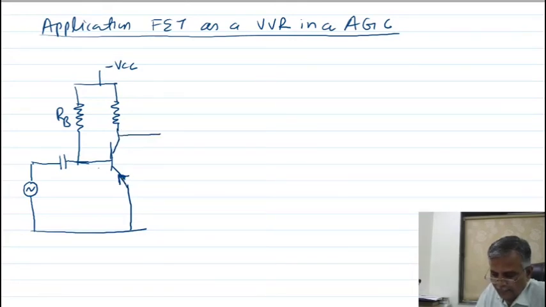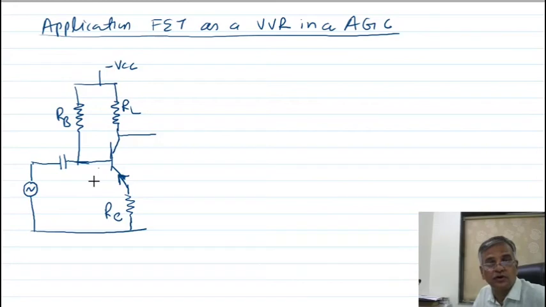I am giving the output here. This is your RL. This is not fixed bias, this is fixed bias with emitter bias, and this is your RE.